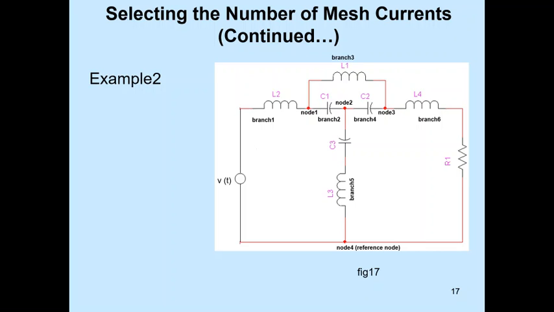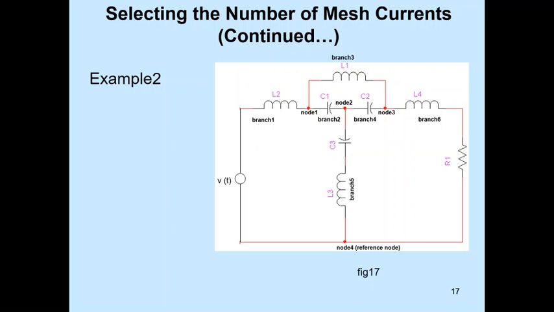And what are the nodes? L2, C1, L1 are joined together. That is node 1. And C2, L4, L1 are joined at one node. That is node 3. And L3, C3 and C1, C2 are joined at a node. That is node 2. And L3, R1, VT are joined at another node.